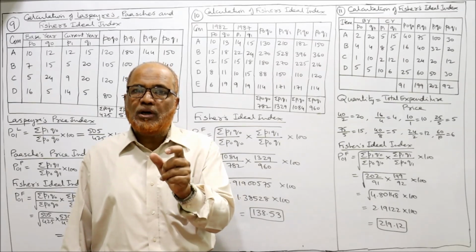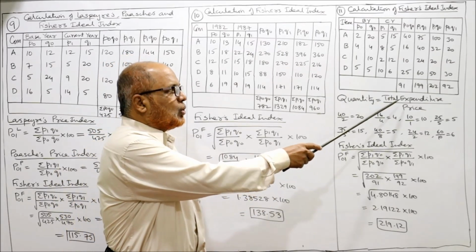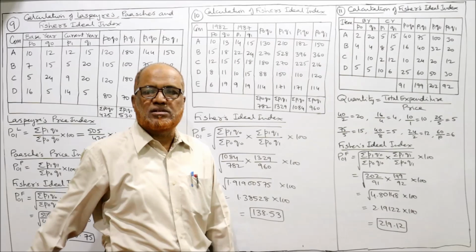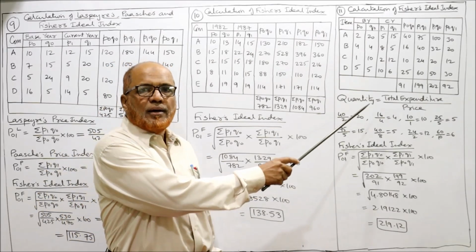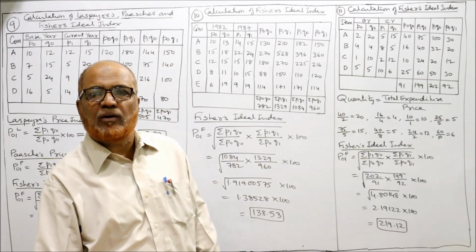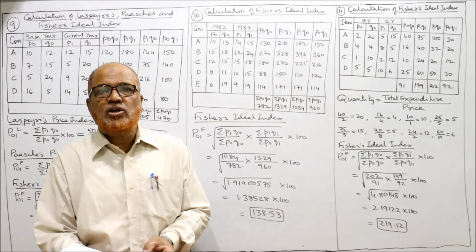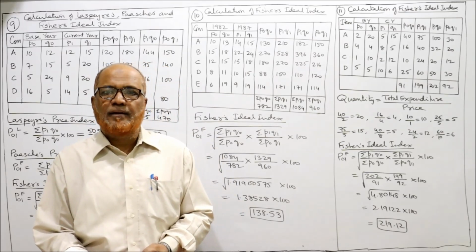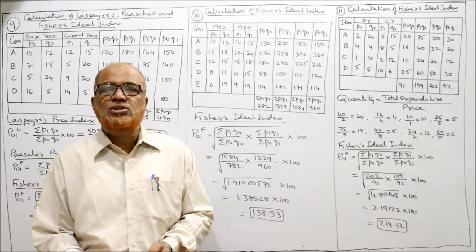So how to find out the quantity? I have given a formula here. Quantity is equal to total expenditure divided by price. For every item, we find out the quantity by dividing total expenditure divided by price. You will get the quantity. Example for A, item A. What is the expenditure? 40. Base year के लिए देखिए. For base year, expenditure is 40 and the price is 2.